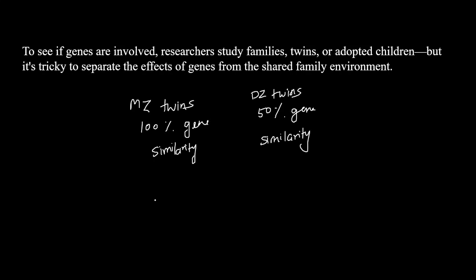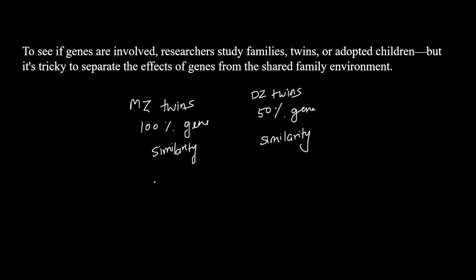Okay. So because they are sharing the genes, and most of the time they grew up in the same environment and their lifestyle factors are also same. So sometimes it is very easy to study the complex diseases.